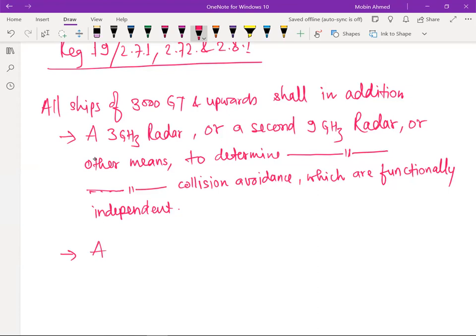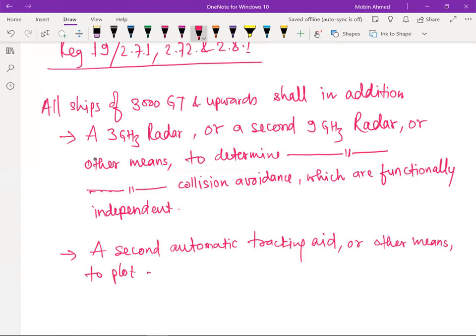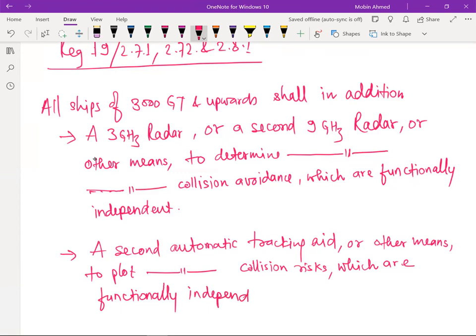And it is saying that a second automatic tracking aid or other means to plot, and it is again the same up to collision risk, which are functionally independent.